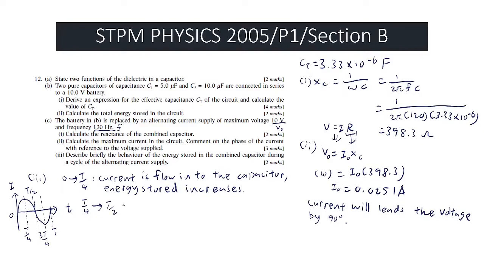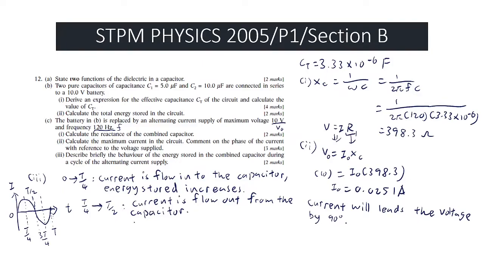T over 2. In this case, the current is going out from the capacitor, right?